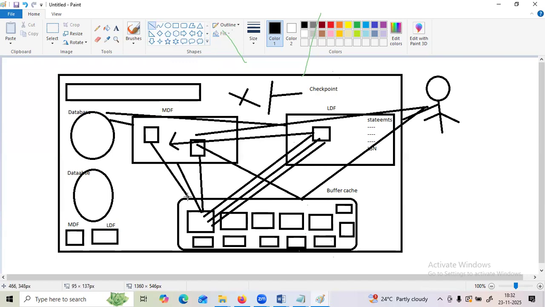Why? Because this page has to be modified as per the user request. But at that time we don't have space in the buffer cache to keep it.